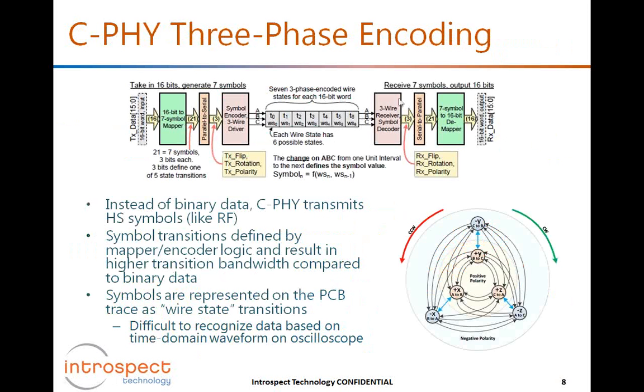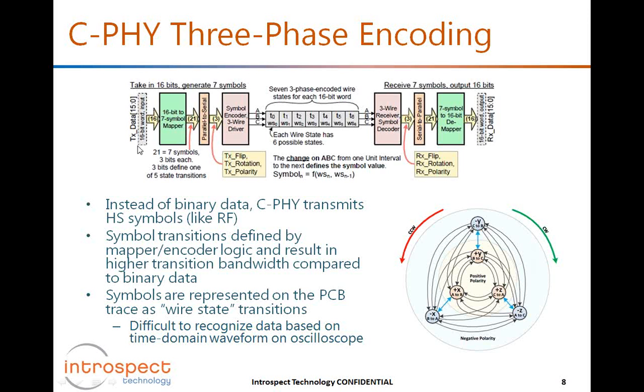So we described the three-phase encoding briefly, and a high-level picture of it is shown here. The idea is that we start with different digital data, binary data, 16 bits of data as before.